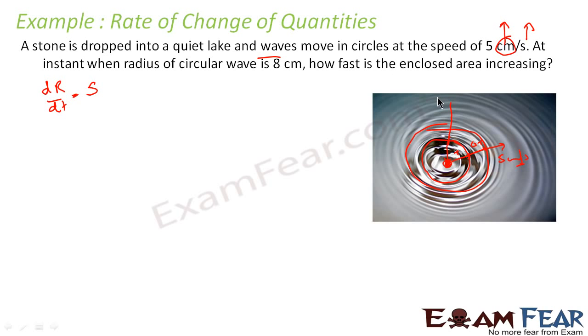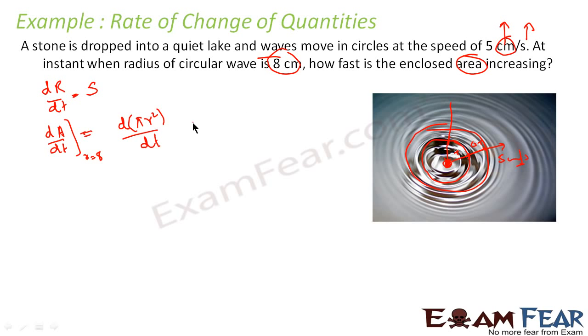Now that we know, the question is how fast is the enclosing area increasing. That is, the question is asking us to find change of area with respect to time. Area is nothing but pi r square, that is d of pi r square by dt. Correct? And we have to find this when the radius is 8 centimeters. So this is nothing but r is equal to 8.